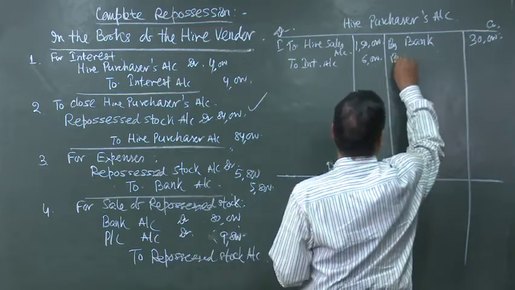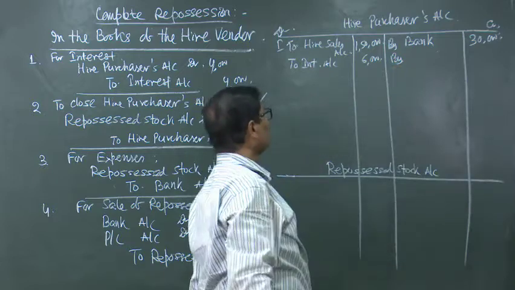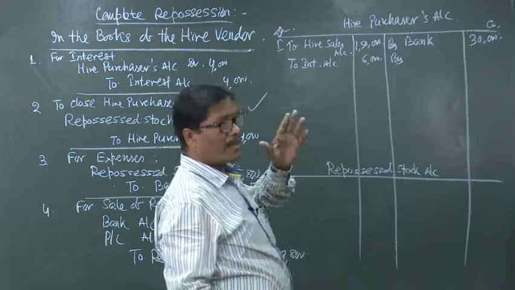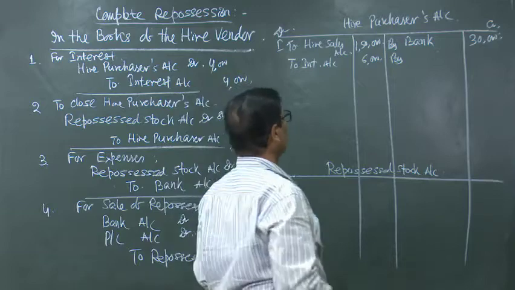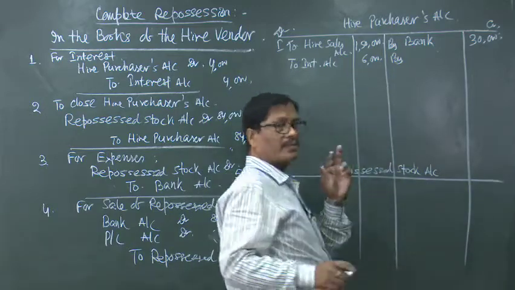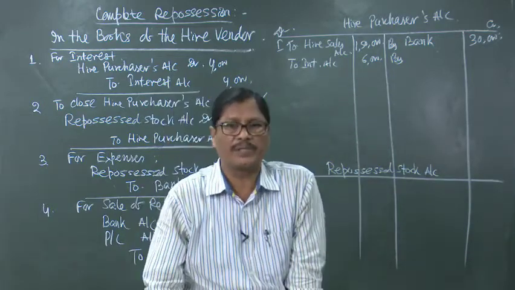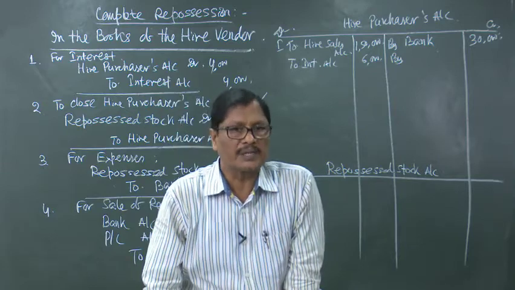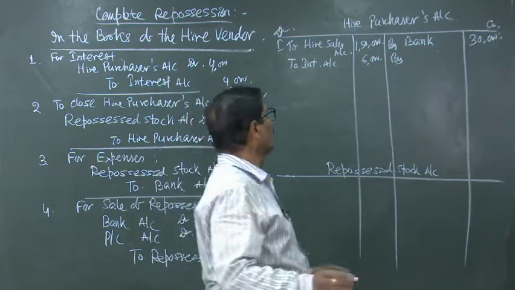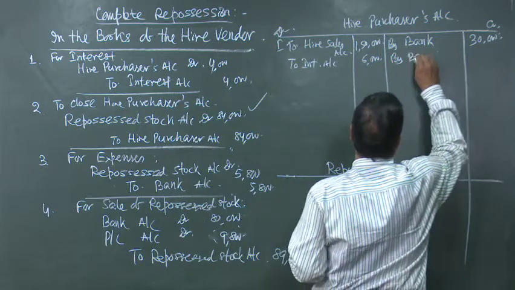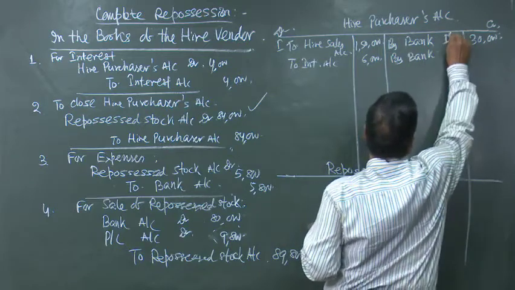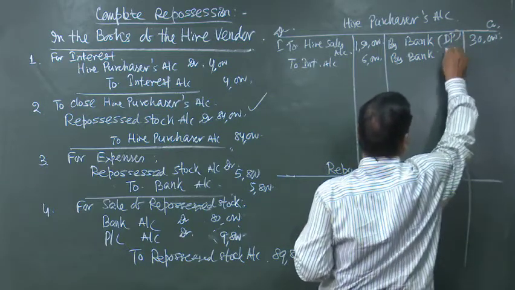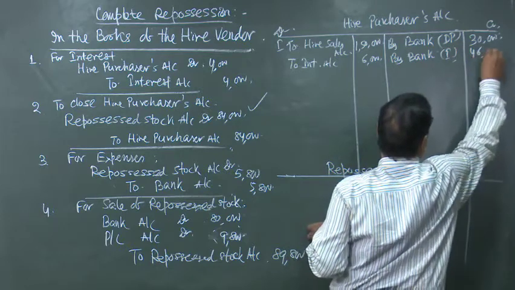And he gave us 6,000 towards the interest and 40,000 towards the principal, because 1,20,000 divided by 3 equal installments he was giving. So, 40,000 he must have given. So, we can write by bank, it was the down payment and the first installment, 46,000.